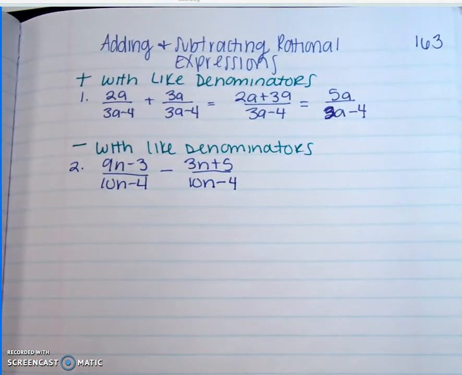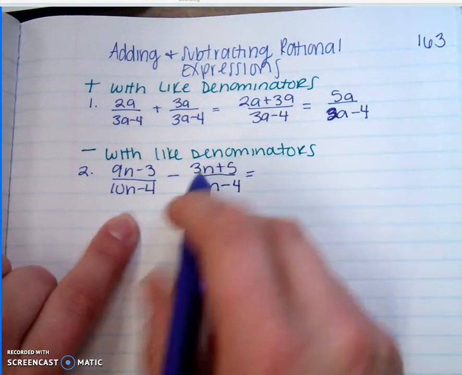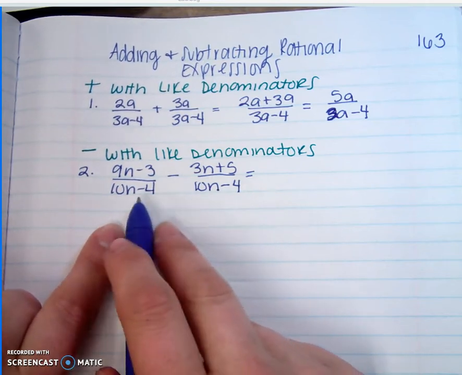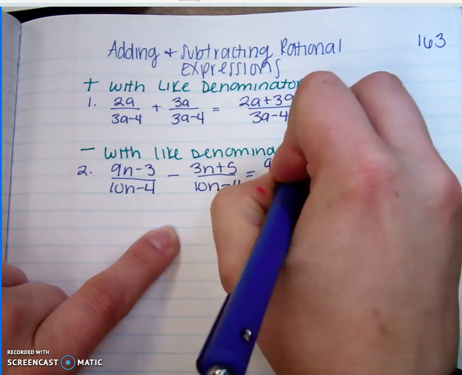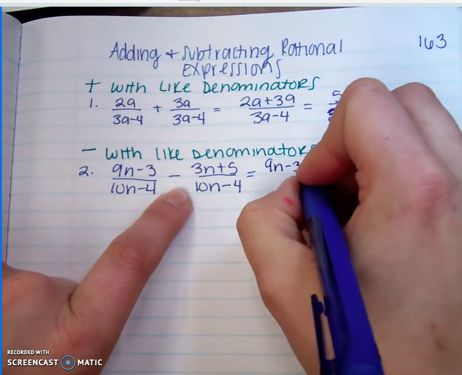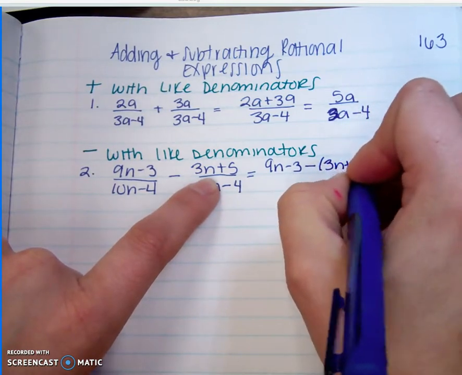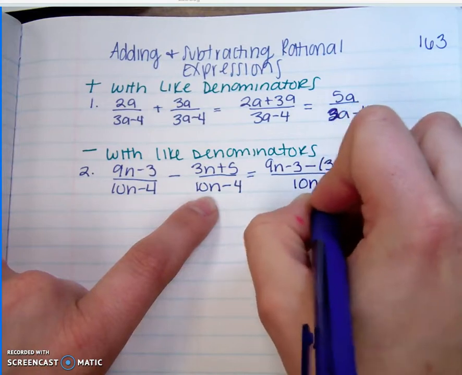Now I've got binomials on top and bottom. I'm going to do the same thing. Check: do I have common denominators? Yes, I already do. So now I'm going to rewrite it. 9n minus 3, I'm going to subtract and then put this in parentheses because what I'm going to have to do is distribute. Keep my denominator the same, 10n minus 4.